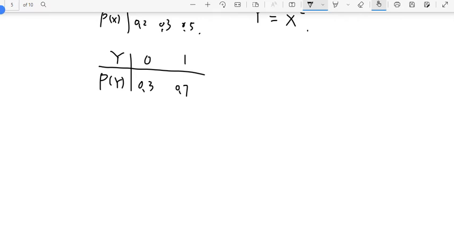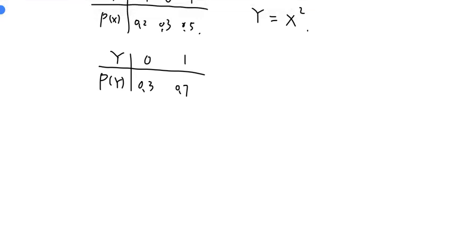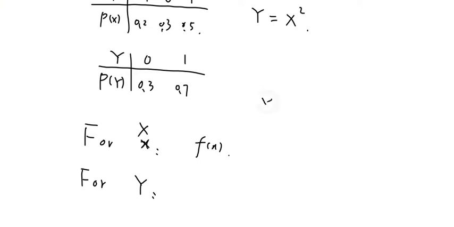Continuous situation is, suppose for X we have the density function f_X. For variable X we have density function f_X. So for Y, the basic idea is we just replace X by Y. So we say Y equals g(X).